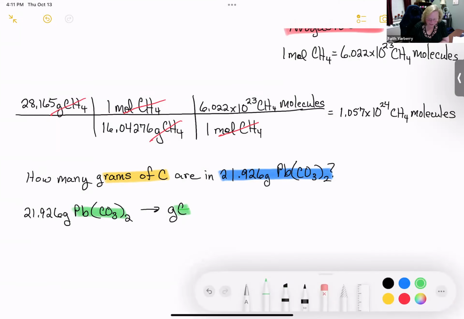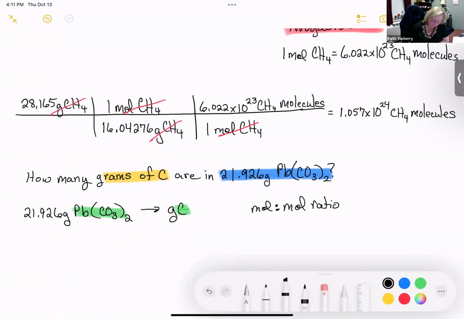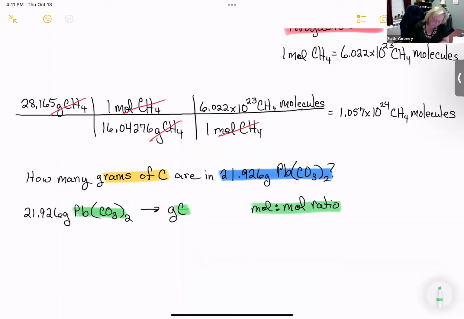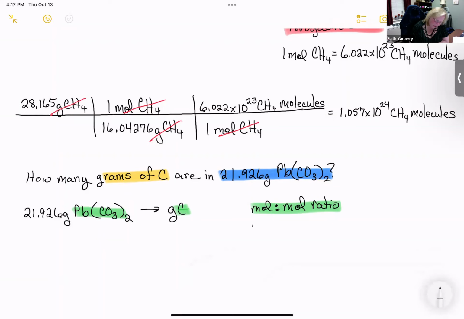Because they are different, that means I'm going to need a mole to mole ratio, which is going to come from the formula. So for every 1 mole of PbCO3 2 there will be 2 moles of carbon.